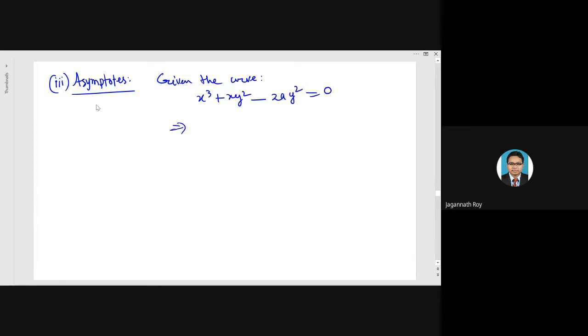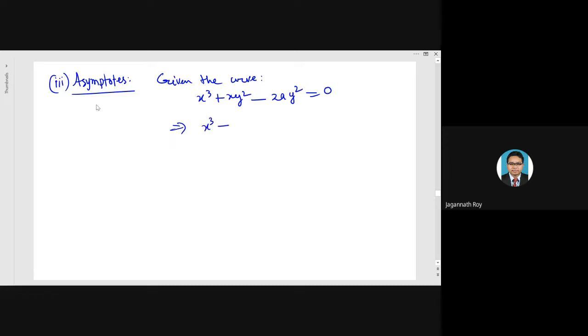So for that, we need to understand the third aspect, and that is asymptotes. Given the curve x cubed plus x y square minus 2a y square equals 0, let us write the algebraic form of the equation.